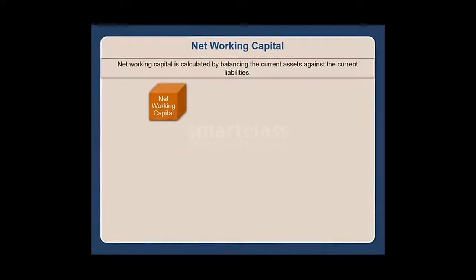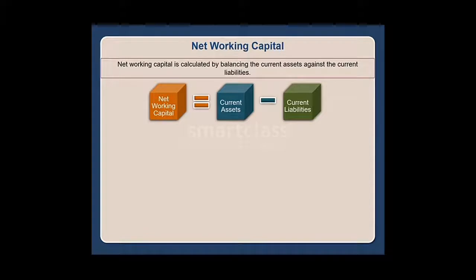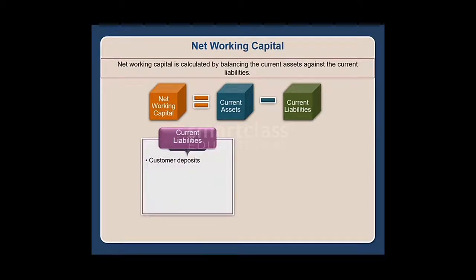Net working capital. Net working capital is calculated by balancing the current assets against the current liabilities. To calculate net working capital, deduct all the current liabilities such as customer deposits, accounts payable, interest payable, short-term loans, taxes, maturities of long-term debts, and any other liabilities due within a year from current assets.